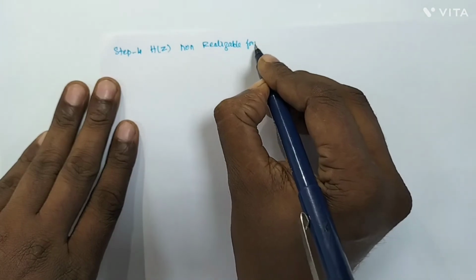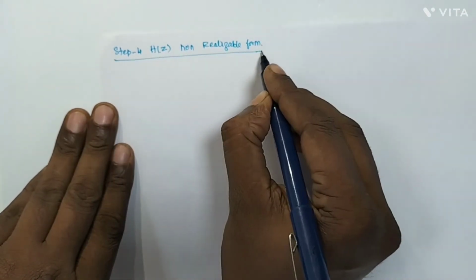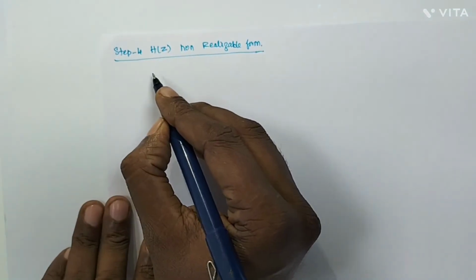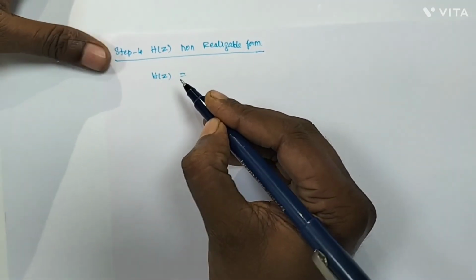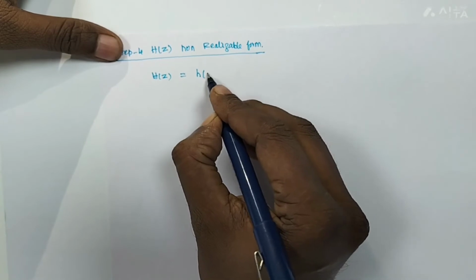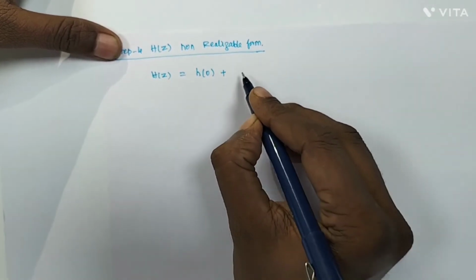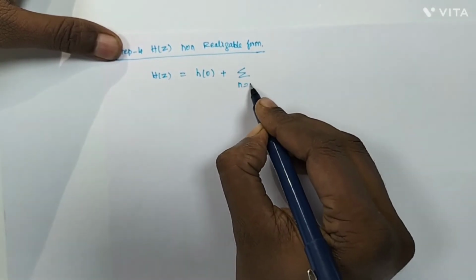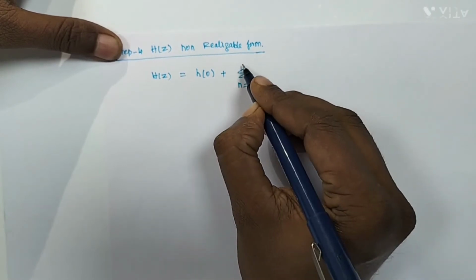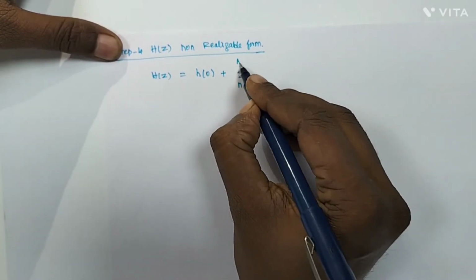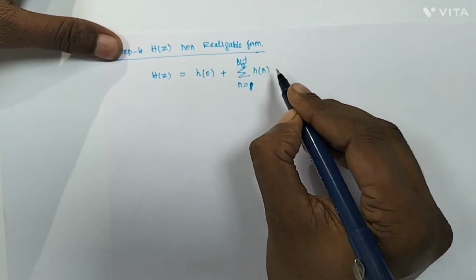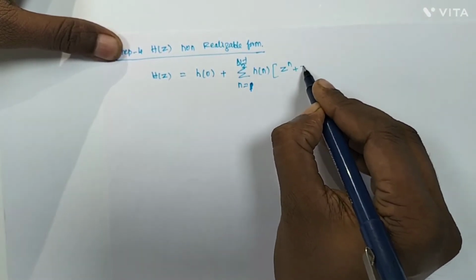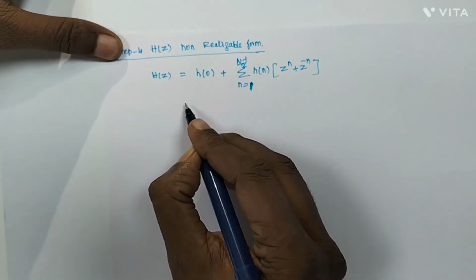The relation to find the transfer function h of z is equal to h of 0 plus summation n is equal to 1 to n minus 1 by 2 into h of n into z power n plus z power minus n.